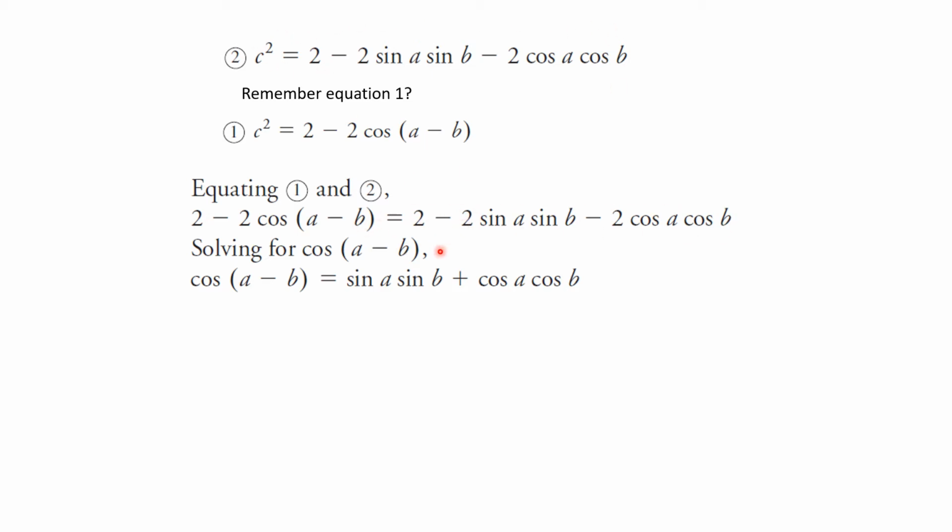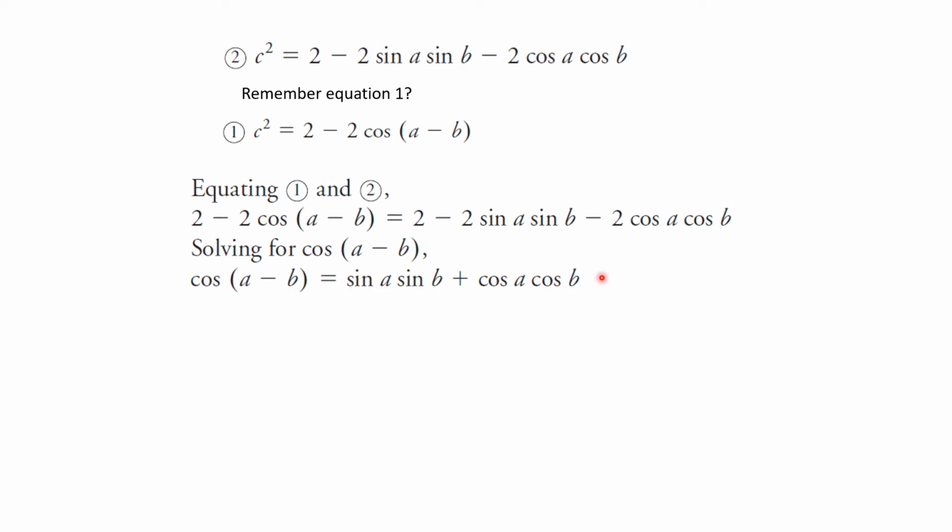I put them together. What we're going to solve for is cos(A minus B). That's what we're going to solve for or isolate. So here's a negative 2 cos(A minus B). And I'm going to bring this 2 over to this side, and then I'm going to divide everything by negative 2, and we are left with this piece right here. And we can't go any further.